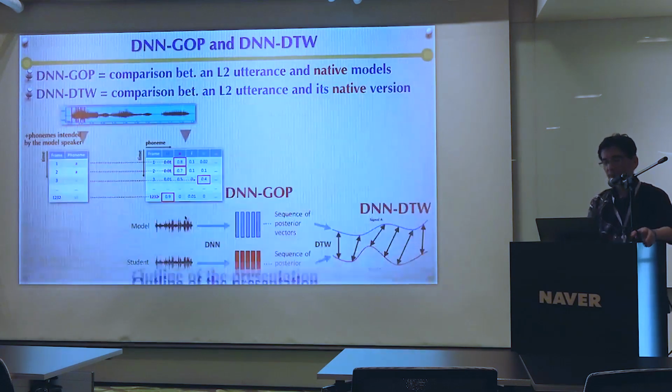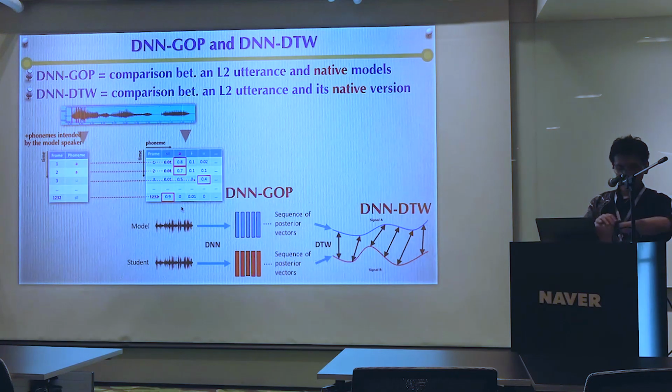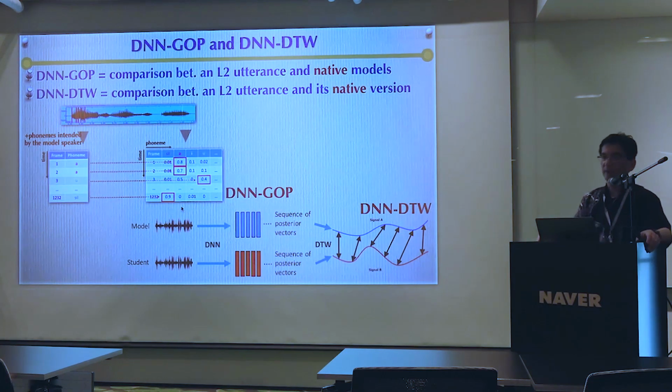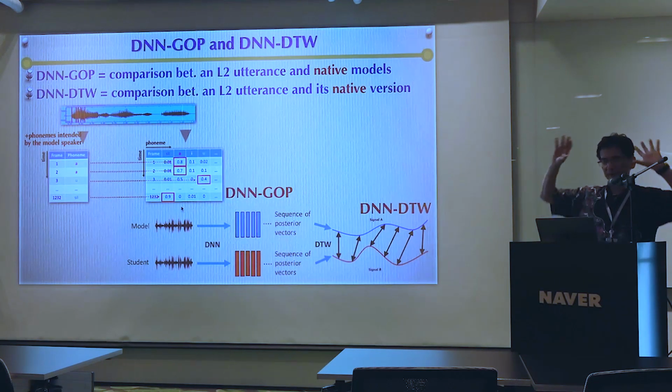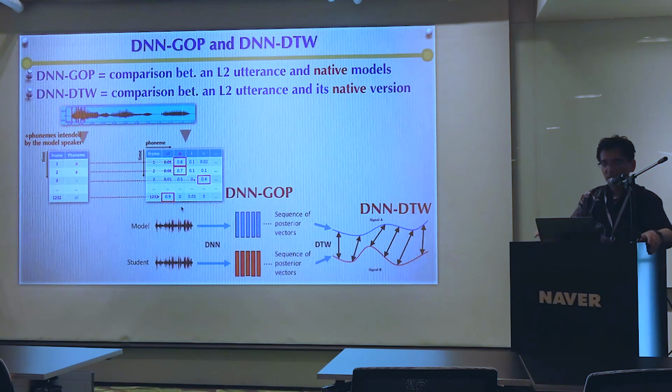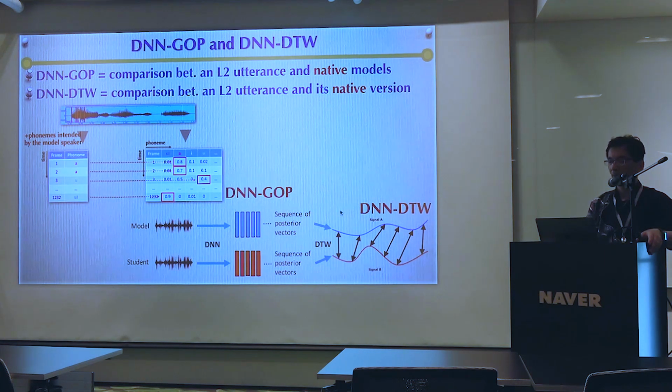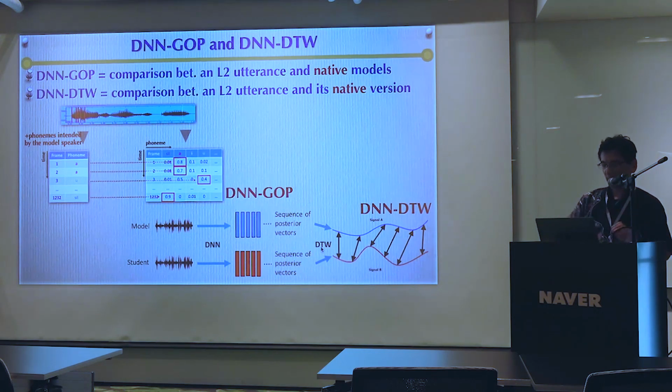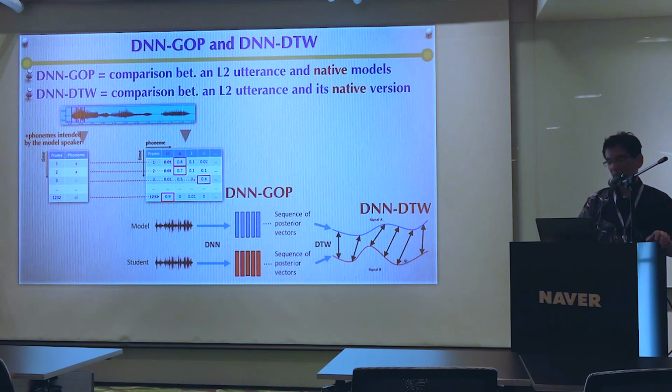Let me go back to the DNN-based assessment, the comparison in the shadowing tasks. The learner's utterance is assessed using DNN-GOP and DNN-DTW. In either case, learners' utterances are compared with model utterances, native utterances, or native acoustic models, native pronunciation models.